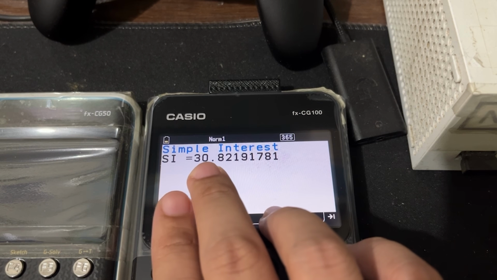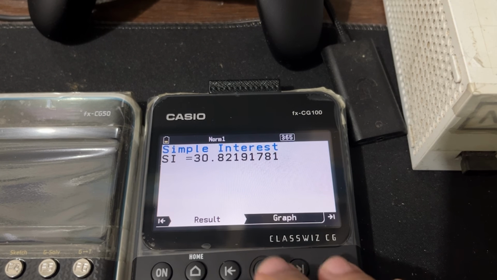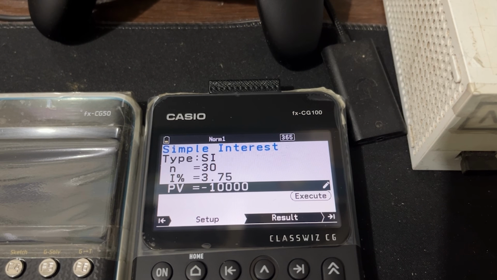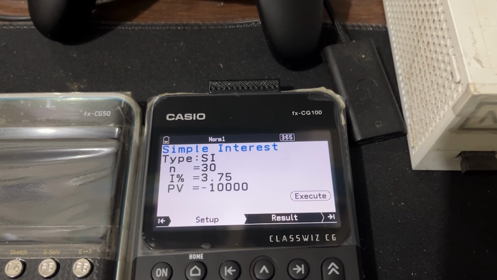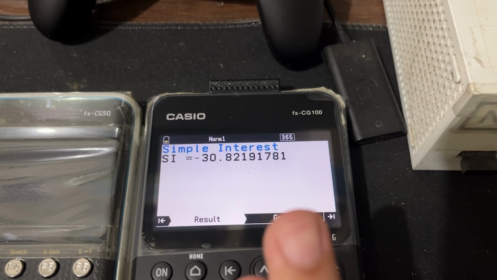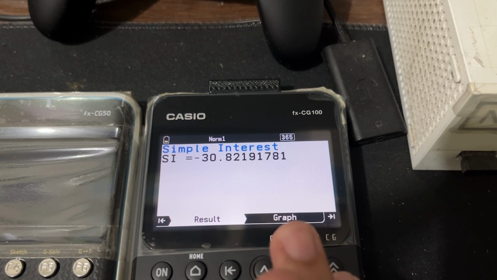So your earn is 30. I don't know how it works. Let's see. I'm gonna capital this. Execute. It's -3. Yep. So for example, you get 10,000, your earn is 30.